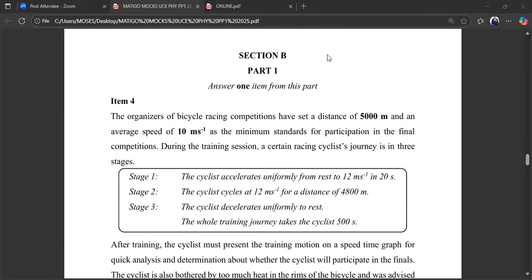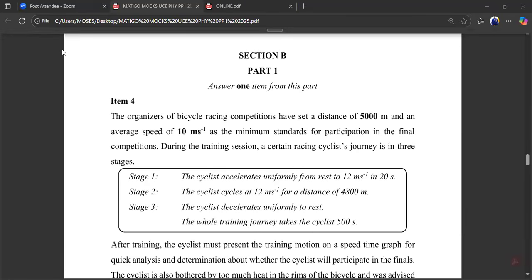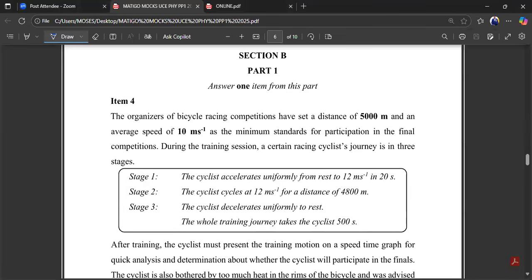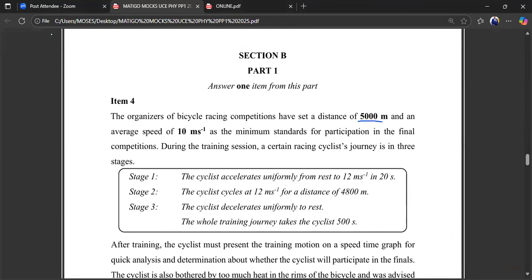The conditions for someone to participate in the finals is that this person must cover a distance of 5,000 meters and must have an average speed of a minimum of 10 meters per second. Those are the conditions for someone to participate in the finals. So as you're doing the item, you need to go back and be looking at the scenario: what do they want? What are the conditions from the scenario? Then let us begin analyzing this.